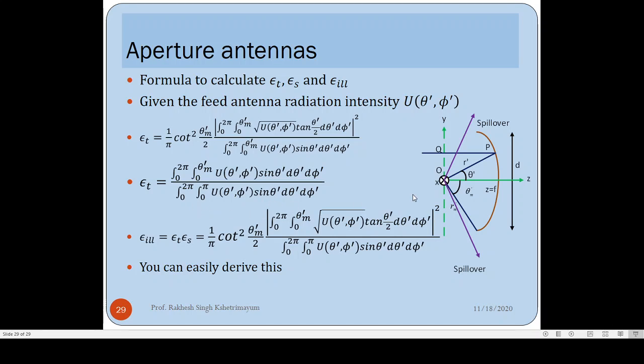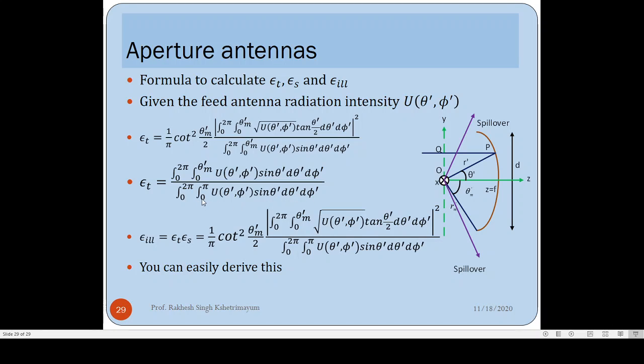But this feed antenna radiates fields in all directions, so you will have fields which have gone beyond the rim of the parabolic reflector. So we need to find the total radiated power from this feed antenna. You do the integration of U(theta dash, phi dash) sin theta dash d theta dash d phi dash, with phi dash from 0 to 2 pi.